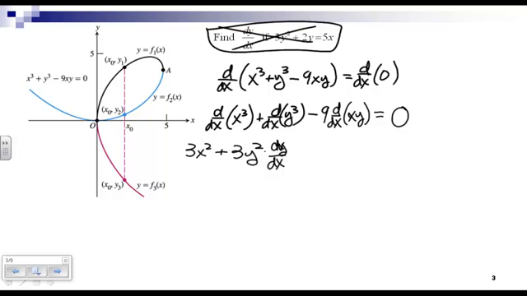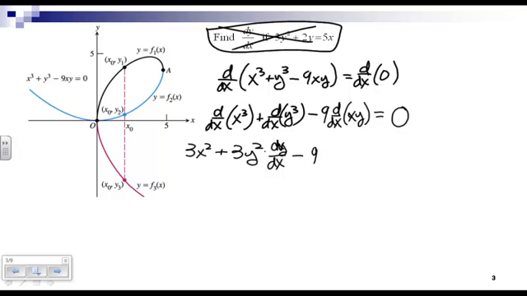The outside function is the cube. The inside function is y. Power rule, 3, keeping the inside the same, and then to the square, multiplied by the derivative of the inside function. What is the derivative of y? dy/dx.